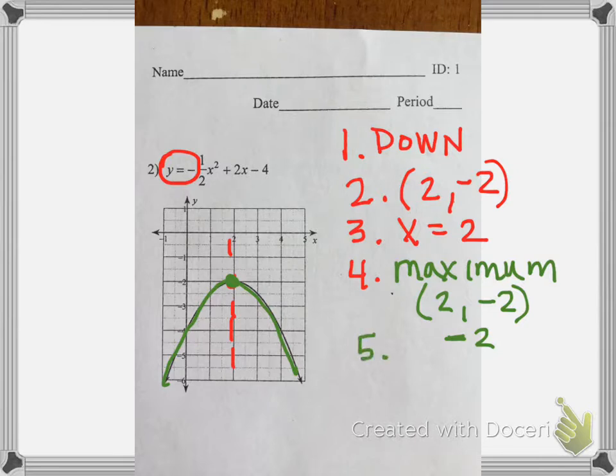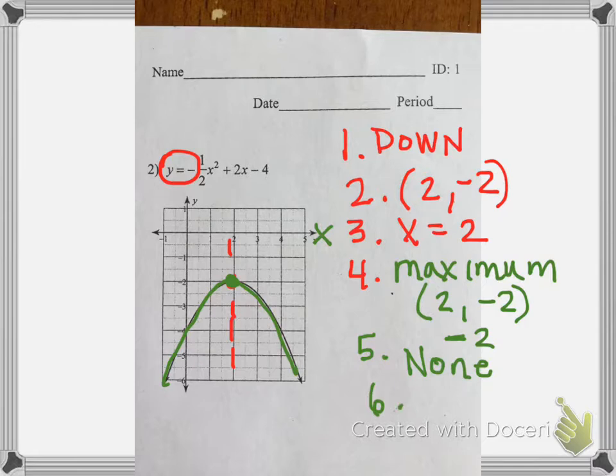Okay, then the fifth thing, the x-intercepts. This graph has no x-intercepts. Here's the x-axis, and this graph never touches it. So you say none. Alright, number 6, the y-intercept. There are a couple of ways you can look at it.